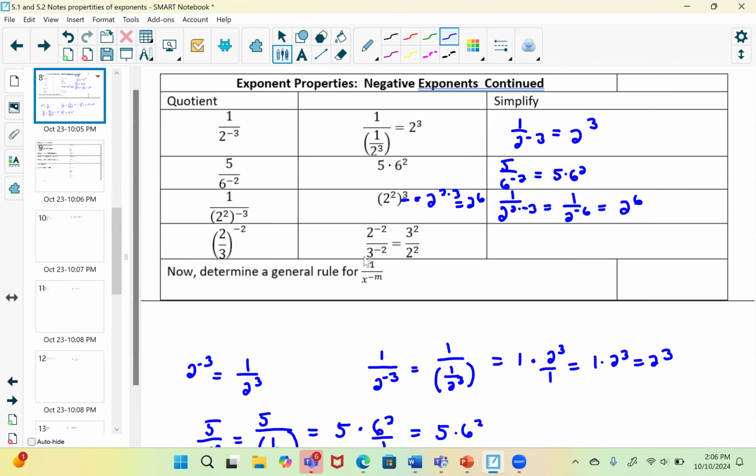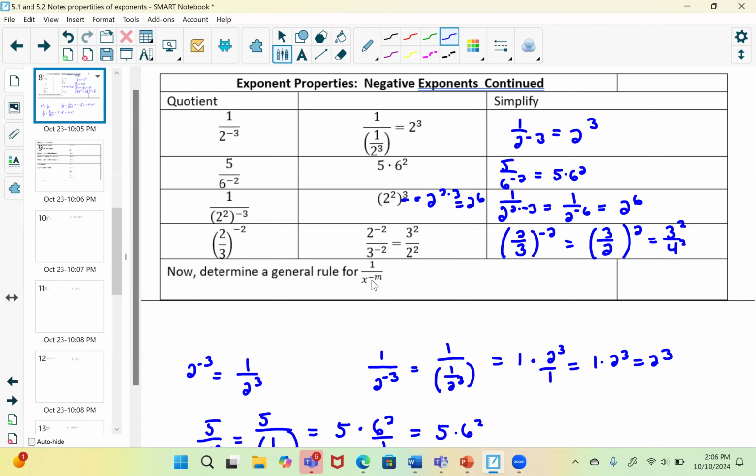If the numbers are negative, it doesn't change anything. It's just the exponent. So I think an easier way is that if you have a negative exponent on a fraction, you can flip the fraction and make the exponent positive. Anytime the exponent is negative and it's on the entire fraction, you can flip the fraction and make it positive. And that will give me 3 squared over 4 squared. So that's the easiest way.